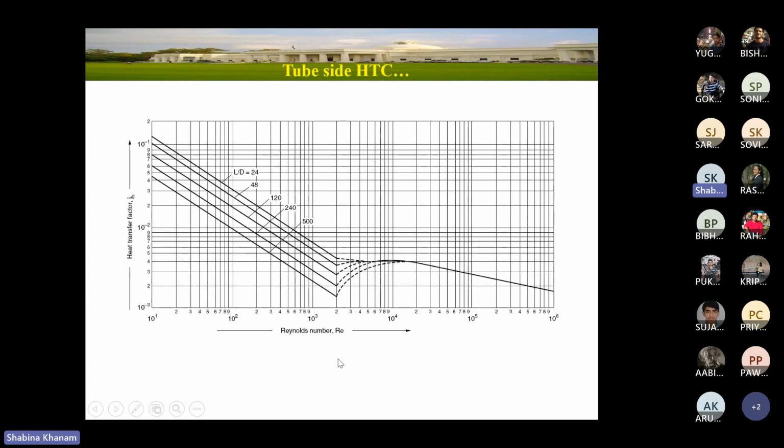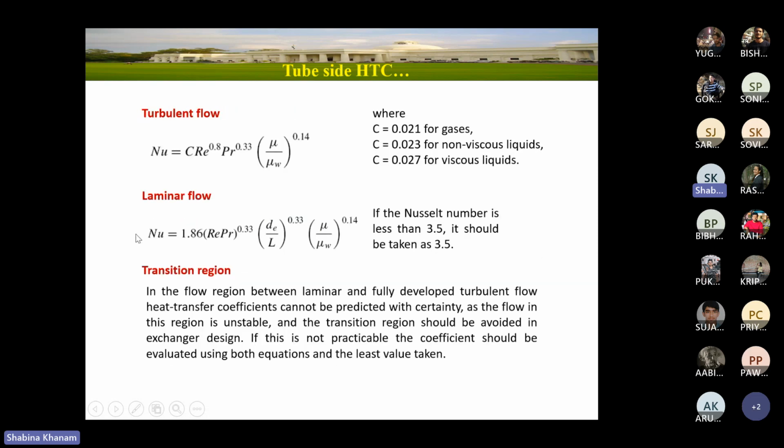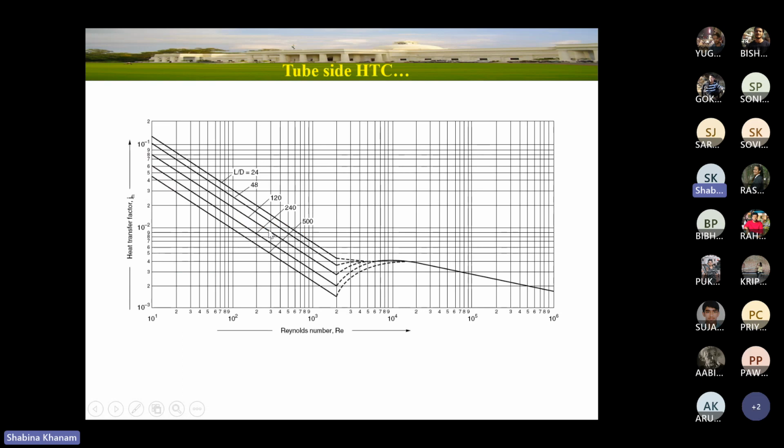You can find that JH from here. This graph is given in volume 6. All these graphs and tables will be given to you, and you simply need to understand the procedure and follow it. For this laminar zone, 2000 and less, it depends on L by D. You can see over here this is DE by L, so this factor is already considered in this graph for laminar flow.